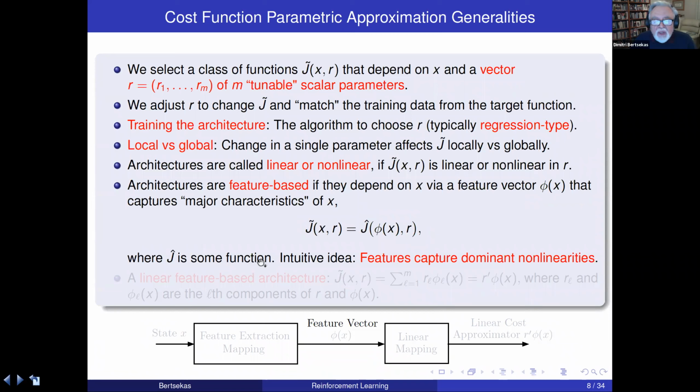The intuitive idea is that the target may be horribly complicated, with very difficult and strange nonlinearities. On the other hand, these nonlinearities may be captured in the features, and if that's the case, then you can afford to use a J hat which is relatively simple, for example, linear in R. Linear in R, nonlinear in X, but through the features, which capture the dominant nonlinearities of the target function.